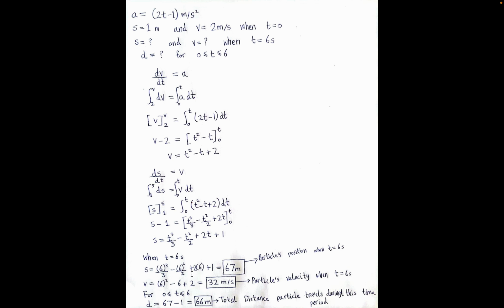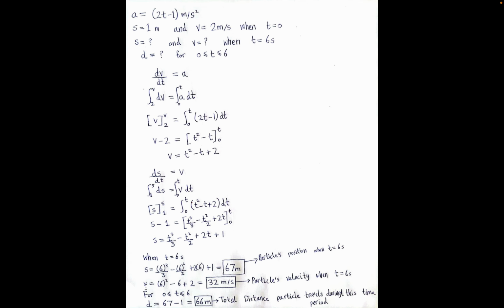And now the final thing is the total distance traveled between 0 and 6, where we subtract 67 minus 1, which is 66 meters, the total distance the particle travels during this time period. We have to keep in mind that it says during this time period, which means from 0 to 6.